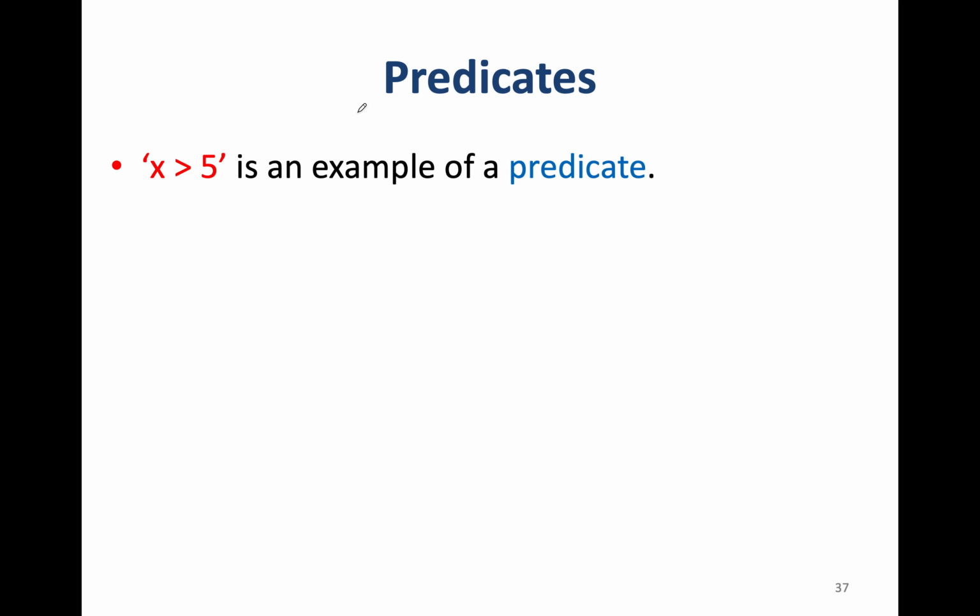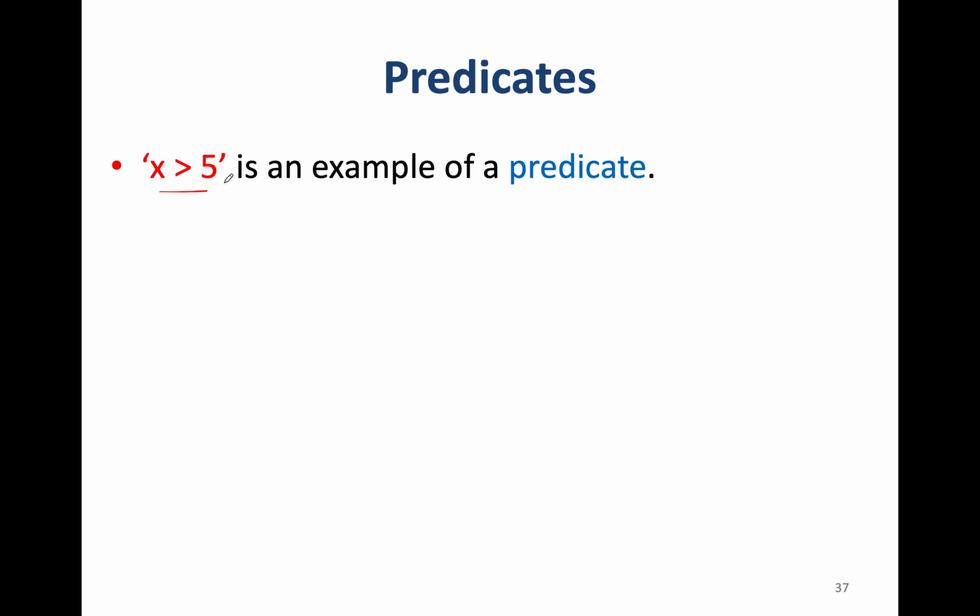Now we have something else in logic called a predicate, and here is an example of a predicate: X is greater than 5. Now, a predicate is when the truth value that can be assigned depends on the value of a variable. X is greater than 5 is a proposition because we can assign a truth value to this statement.